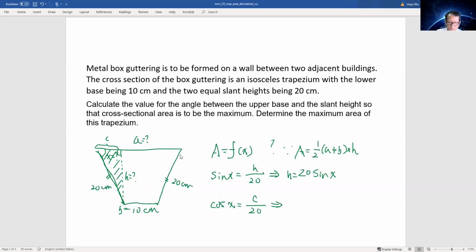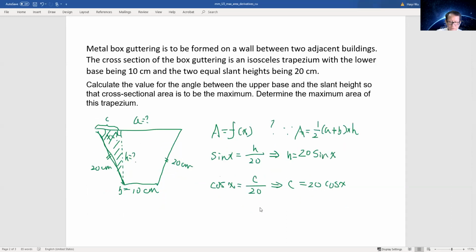So C is 20 times cos x. So we got a C. The total length of the upper base A will be 2 times C plus 10. So it will be 2 times 20 cos x plus 10.